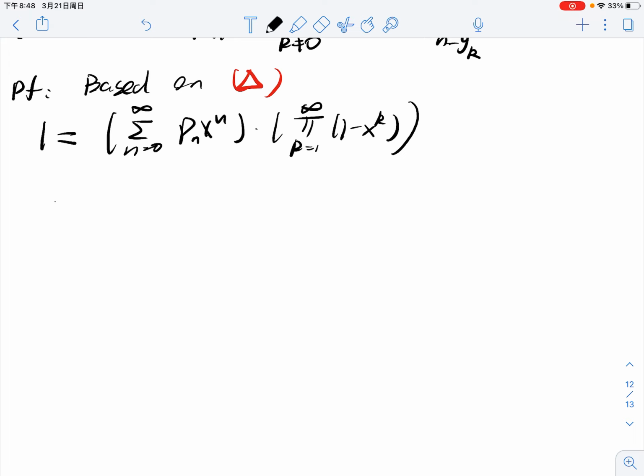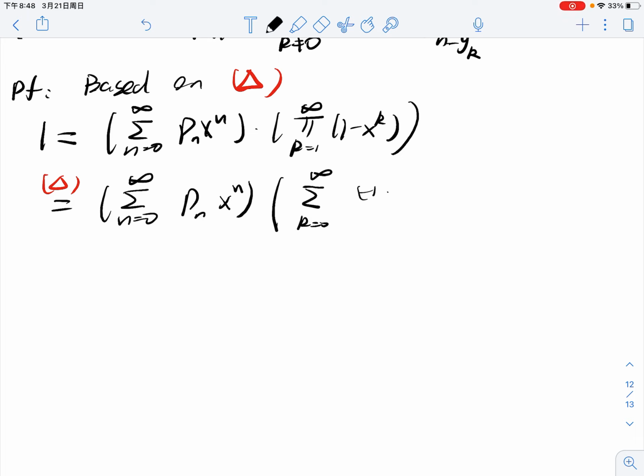And then if you expand it by the pentagonal theorem, the first identity is by definition, and the second one is the pentagonal theorem: -1 to the k, x to the k times 3k minus 1 over 2, plus x to the k times 3k plus 1 over 2.